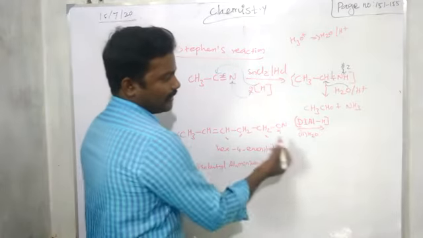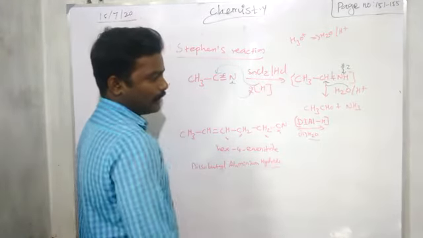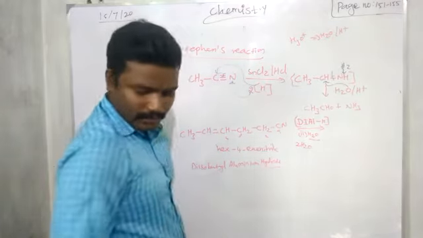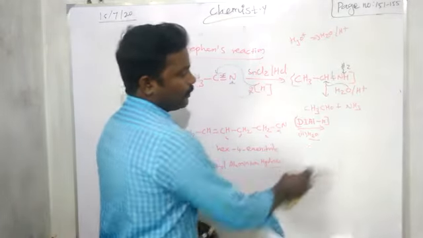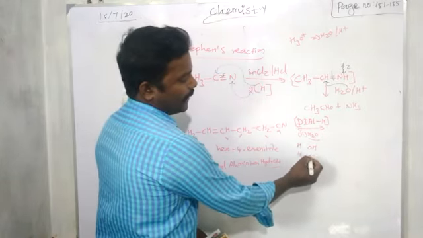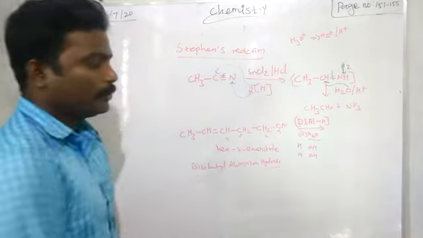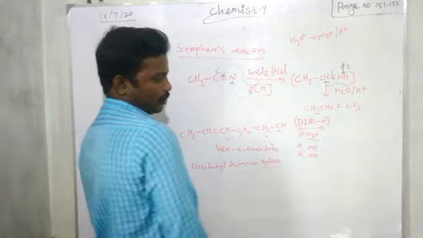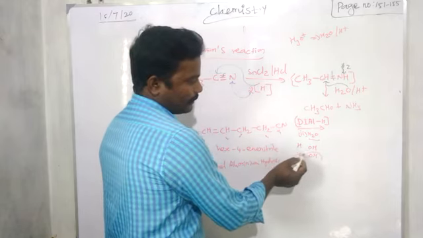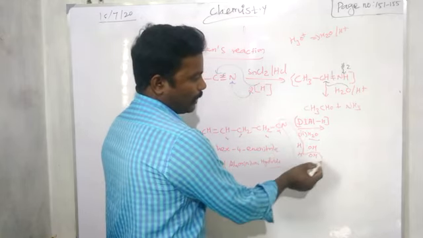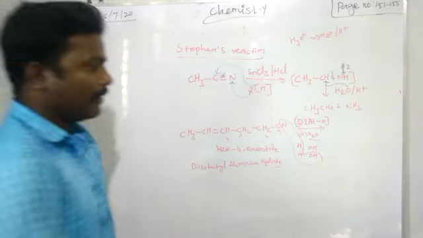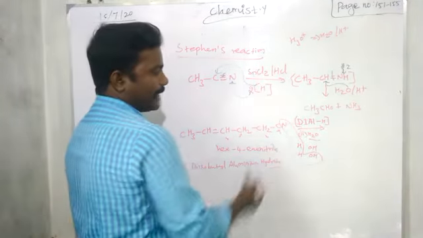How? See, we have the water molecule. If you take 2 moles of water, how do you write it? HOH, HOH. So this nitrogen will go along with it as NH2OH, hydroxylamine. The remaining OH will be added here.